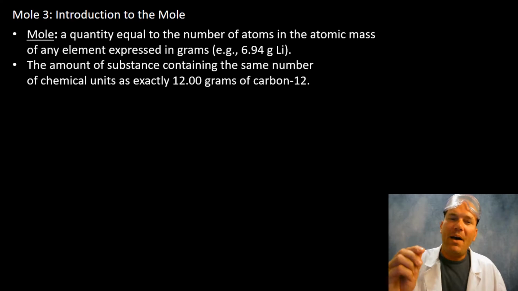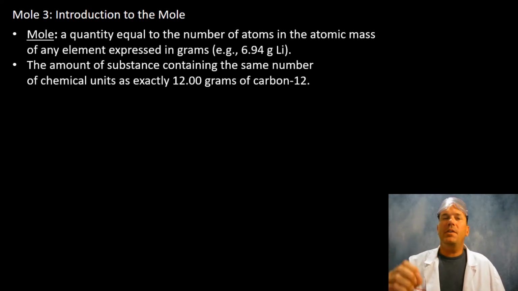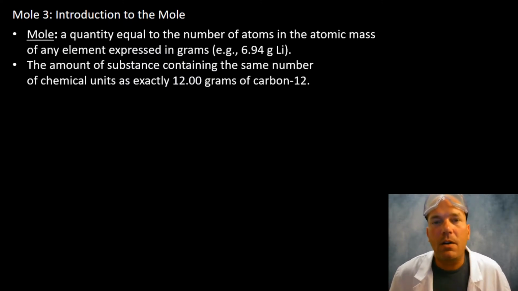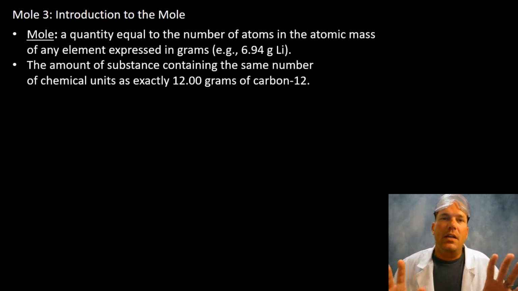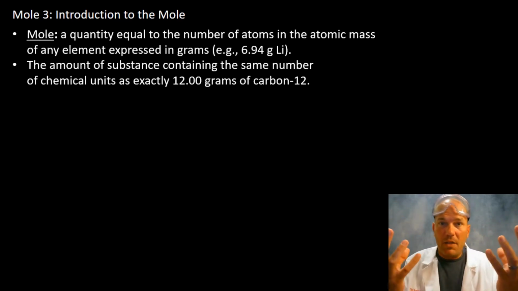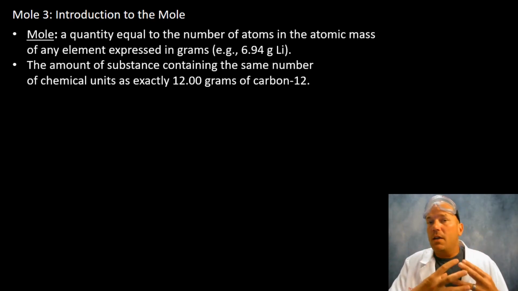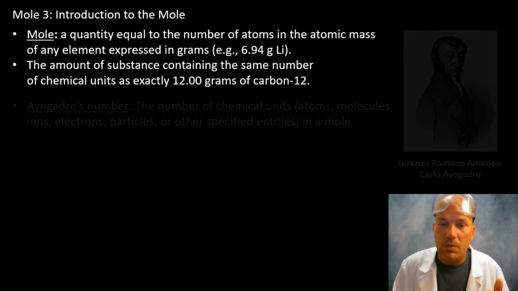All right, and the amount of that substance containing the same number of chemical units exactly as 12.00 grams of carbon-12. Now, again, from the last podcast, I gave you a little bit of idea behind the unified atomic mass units, the physicists and chemists coming to an agreement on using an isotope of carbon, carbon-12, as the standard. And so that's what's been used, okay?